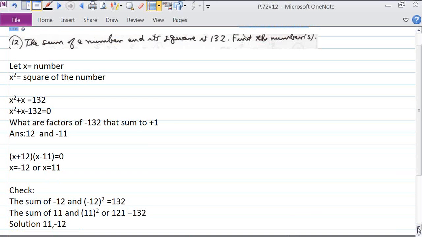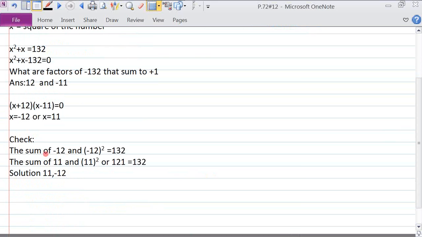So now we take the sum of minus 12 and minus 12 squared, which is 144, and that gives me 132. The sum of 11 and 11 squared, or 121, we also get 132. So the solution is 11 or minus 12.